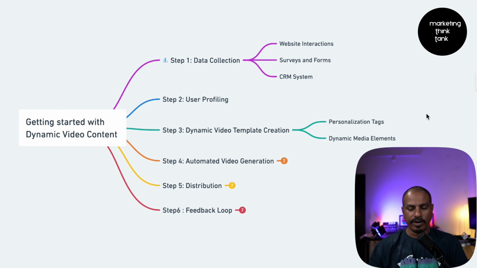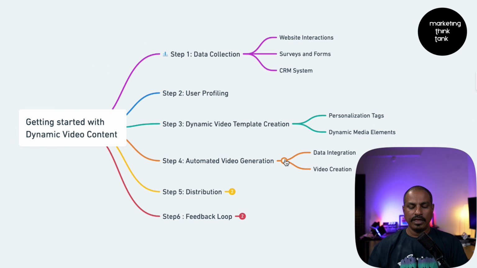Then you have automated video generation, which means the data that you have collected and the output that you would want to be generated has to be linked through a workflow. Now, you can't sit and do it for 10,000 people. So you need to set up video workflows where the moment your CSV sheet or your data file is uploaded, the tool will take these and create independent videos based upon your workflow automatically.